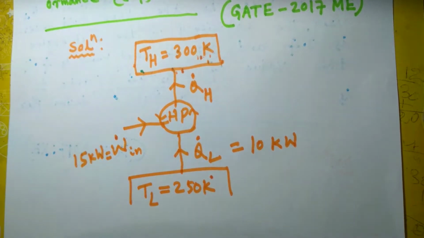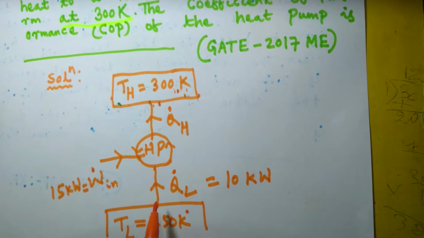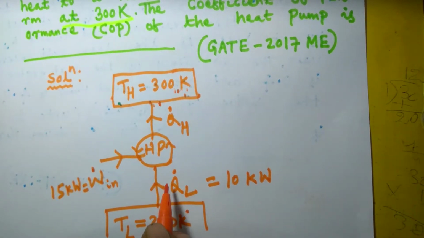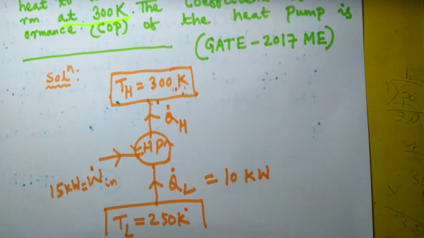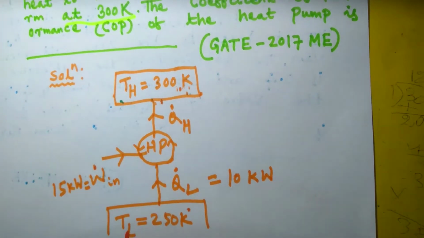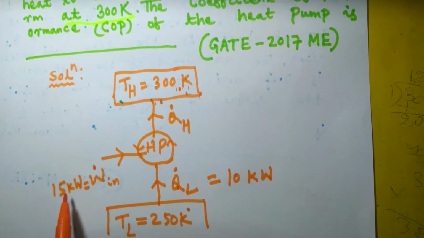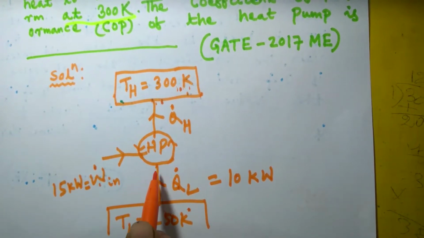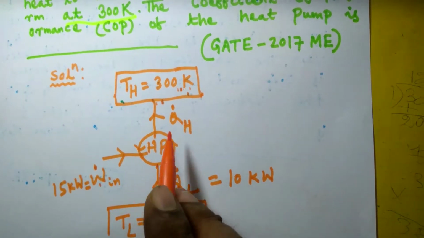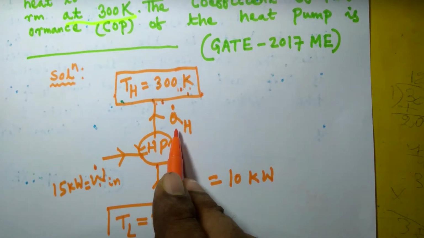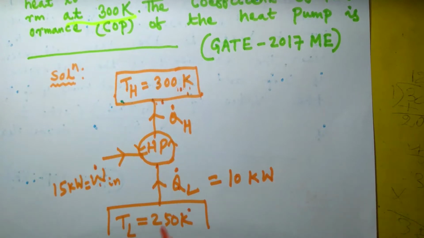According to the principle of energy balance, when a system completes a cyclic process, summation of energy that is entering into the system is equal to summation of energy leaving the system during that cyclic process. So by applying that, Q dot L and W dot are the energy entering into the system, and Q dot H is the only energy that is leaving the system.